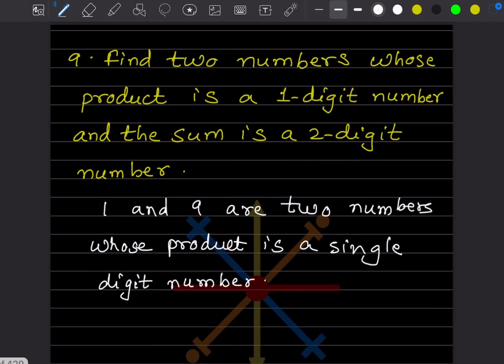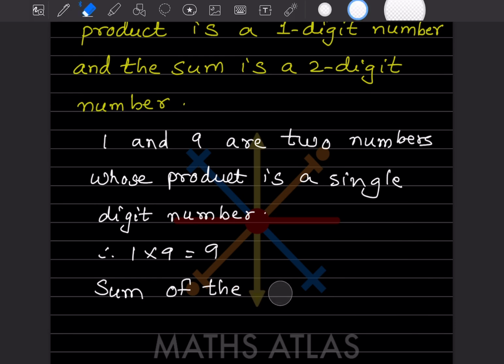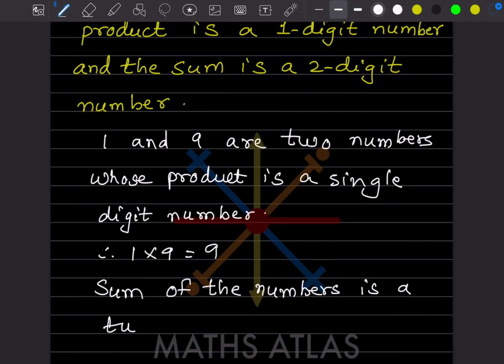So now what you can write here, therefore 1 into 9 is equal to 9. Now if we take the sum of 1 and 9, that is a two digit number.